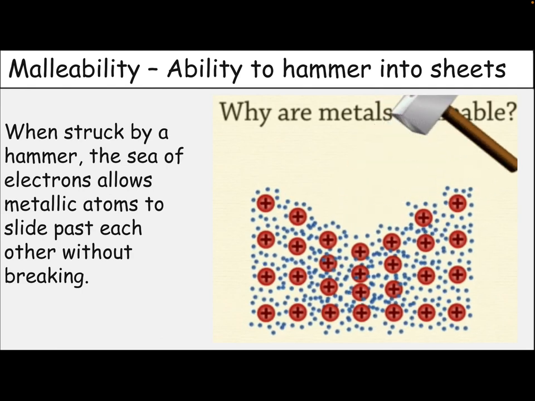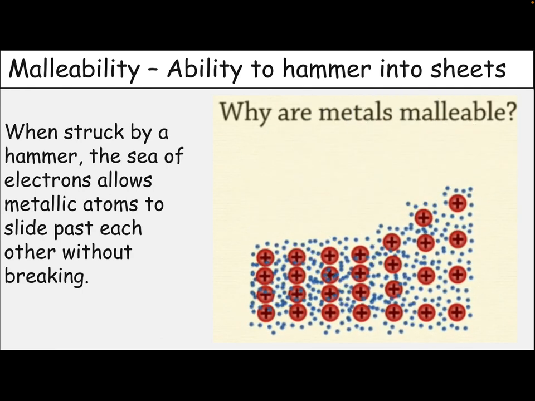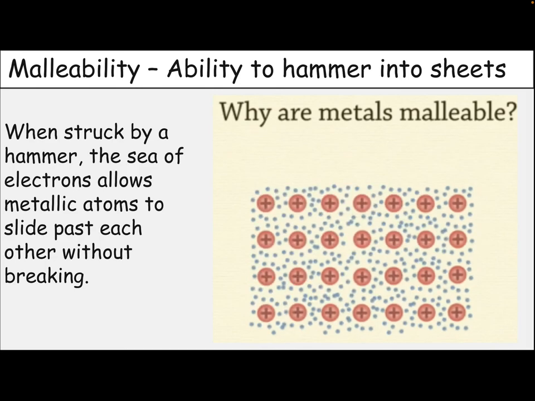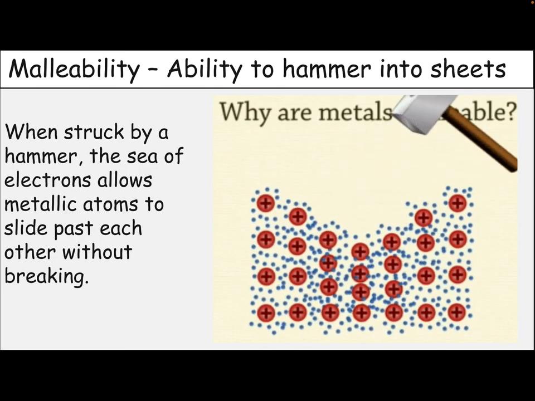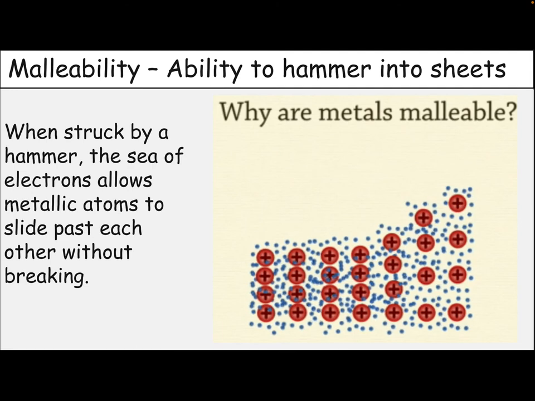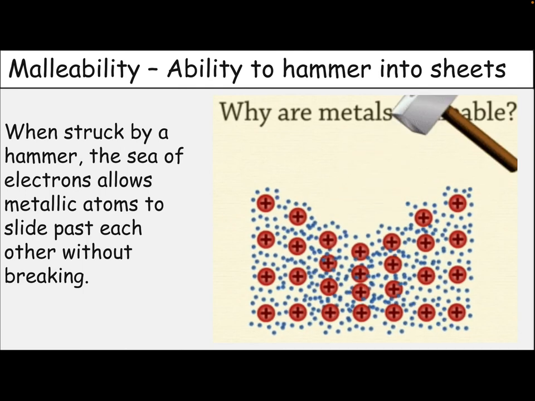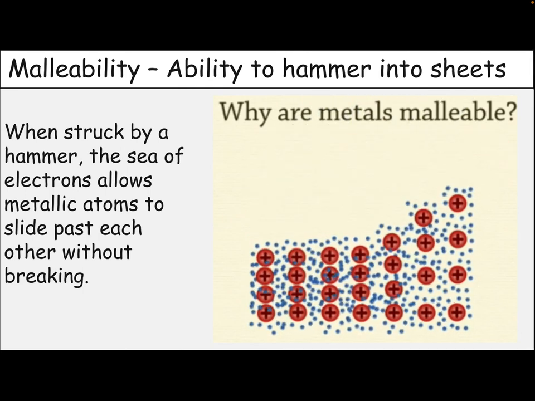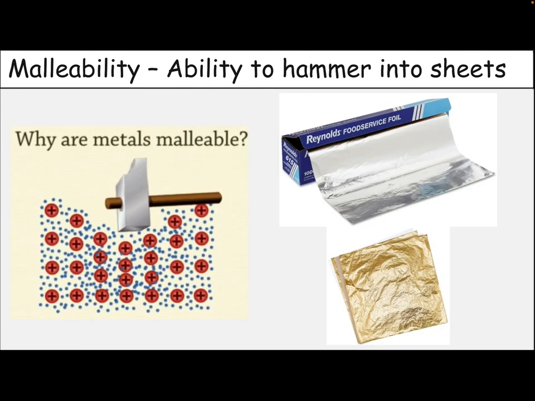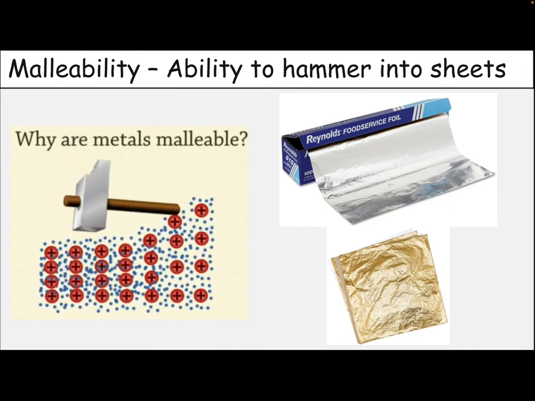So instead of breaking like it would in ionic bonds, where atoms are bound to only each individual atom, the sea of electrons allows these metallic atoms to slide past each other, almost like a gluey substance. Here are some examples of malleability of metals.